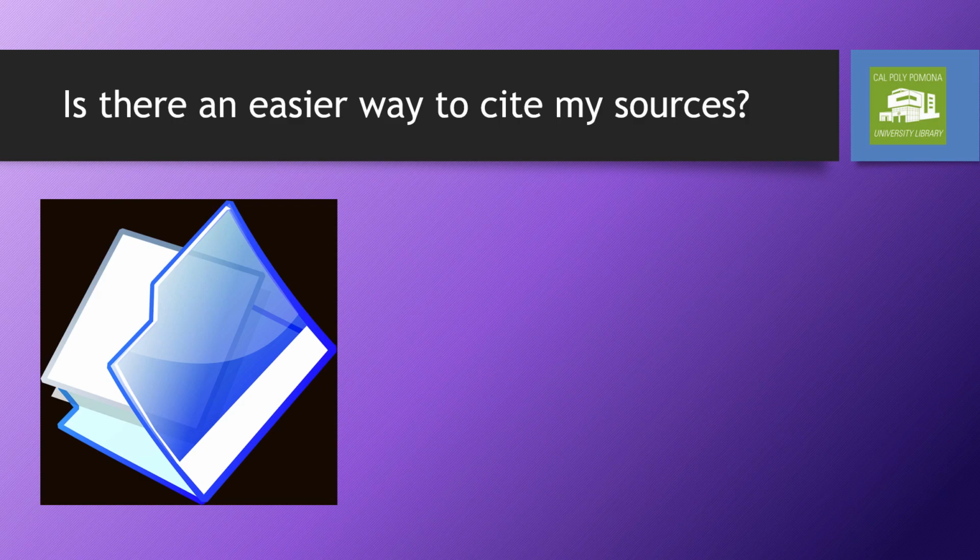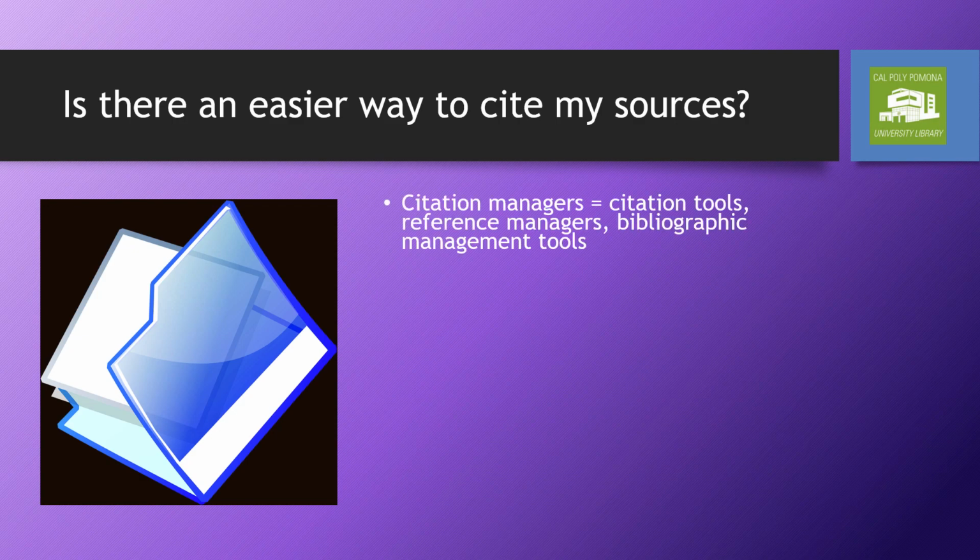But isn't there an easier way to cite all of these sources? There are actually tools out there called citation managers that can help collect and create your citations as you're doing your research. Sometimes they can be called citation tools, reference managers, or bibliographic management tools.